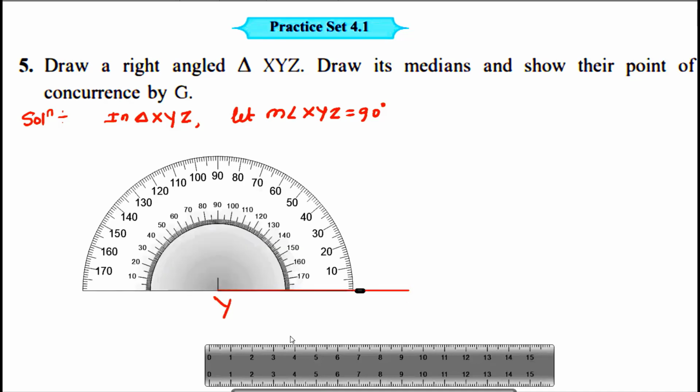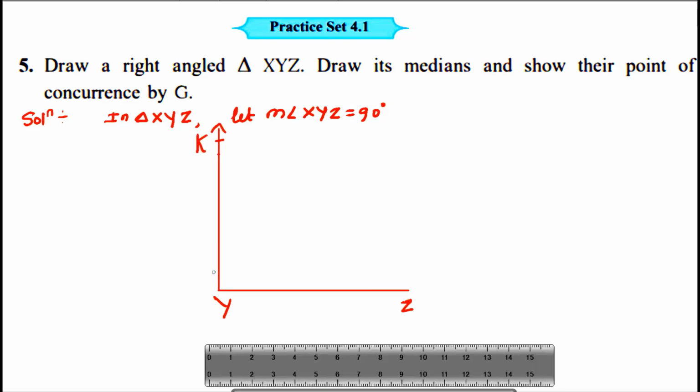With the help of a protractor, draw the angle 90 degrees at point Y. To draw the 90 degree angle, we place the protractor on point Y; the center of the protractor should be on point Y and the line of reference should be on segment YZ. Take a point at 90 degrees as shown here.